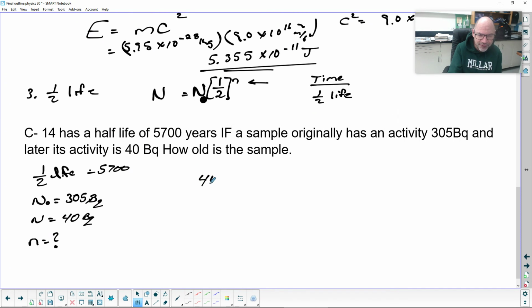Future rate equals original rate times the half-life, or you could use 0.5, because that's what most people will use with their calculator. So we've got to divide this out.